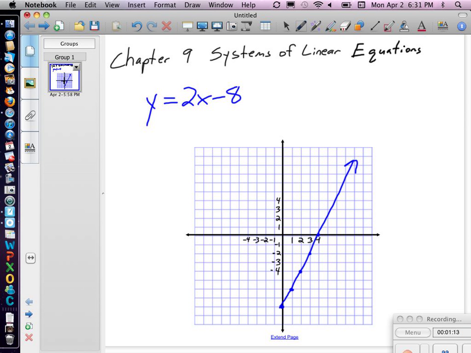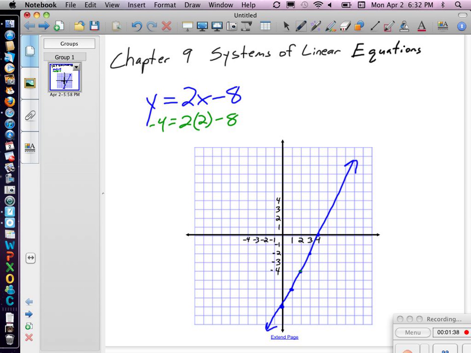We also talked about how a linear equation has an infinite amount of answers. For instance, the point here, 2 comma negative 4, if you plug that in, you would get an acceptable answer. 2 times 2 minus 8 would be negative 4.